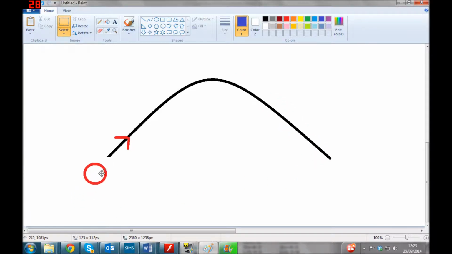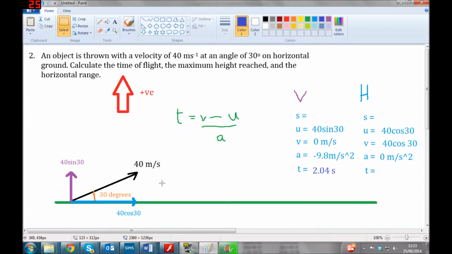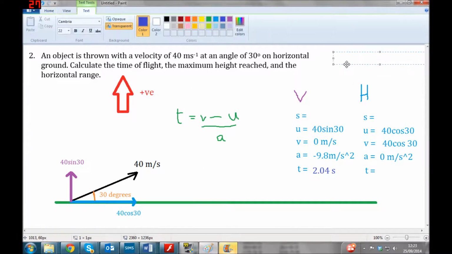And the nice thing is the time taken for this half of the path is the same as the time taken for the second half of the path. So that means that the final answer for the time of flight is double this. It's 4.08. So let's write that in here. The total time, we're going to write it up here. Total t equals 4.08 seconds. Okay.